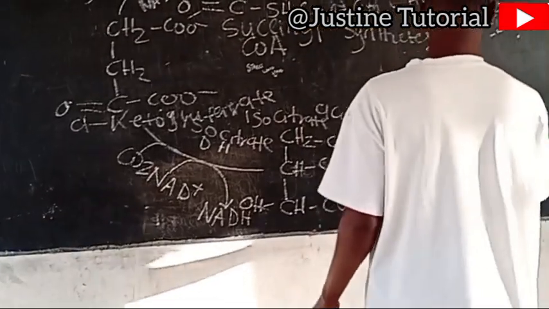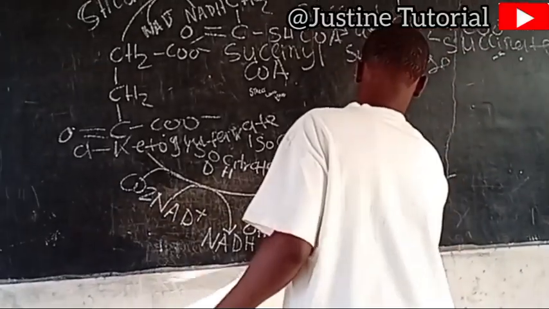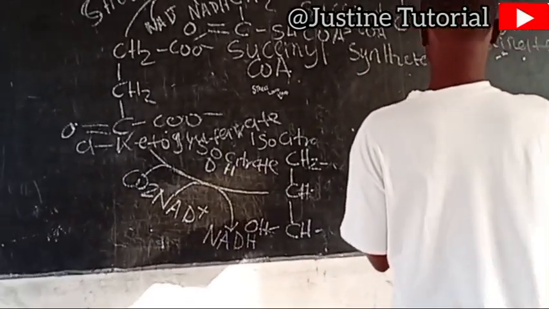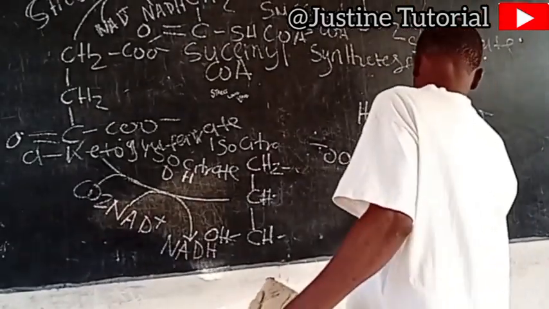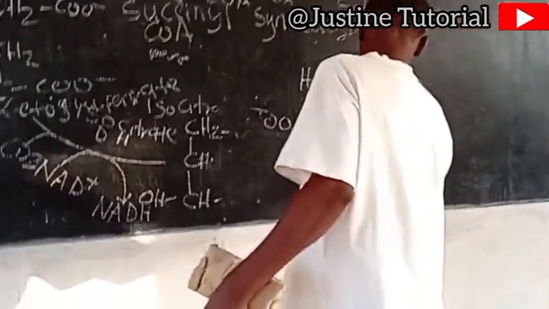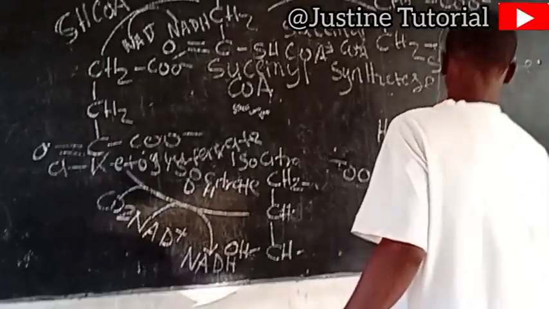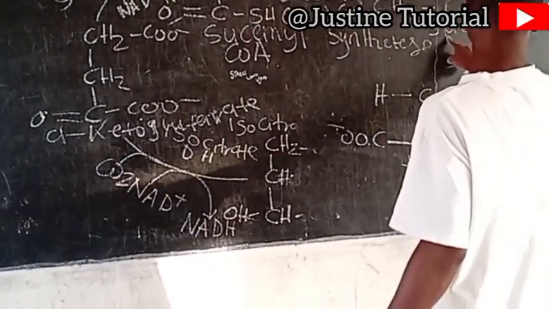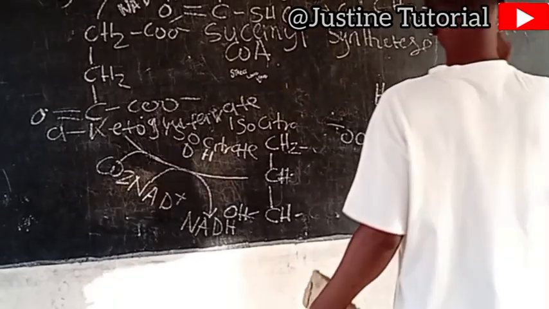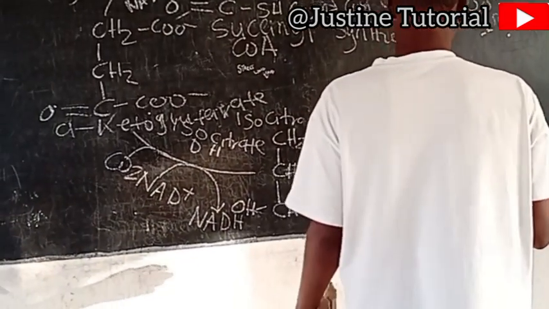Succinate will be converted to fumarate, and the enzyme that will catalyze that process is succinate dehydrogenase complex.